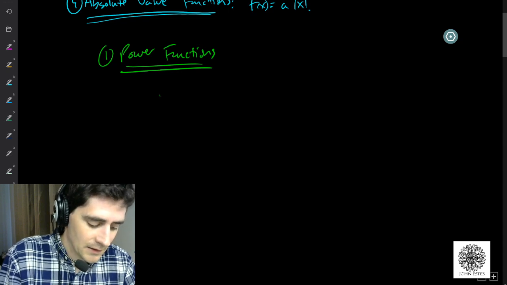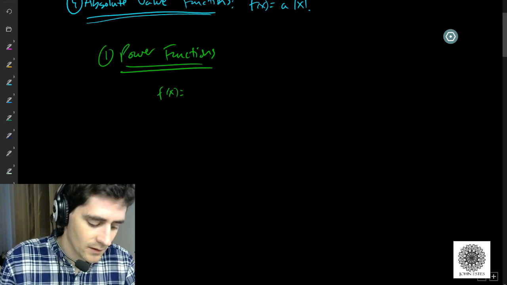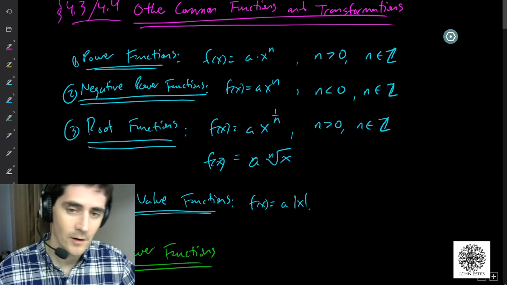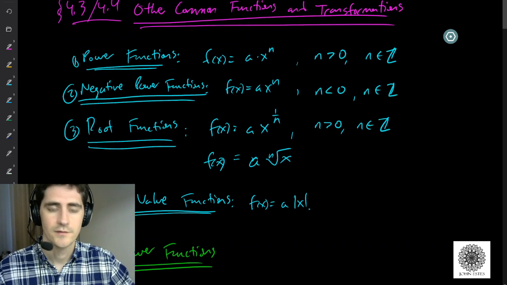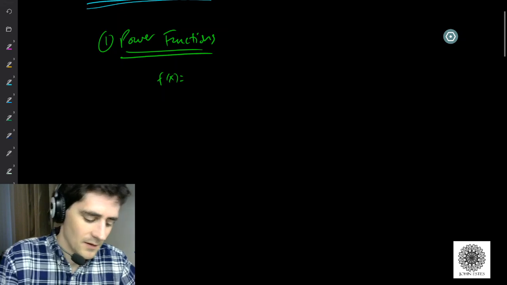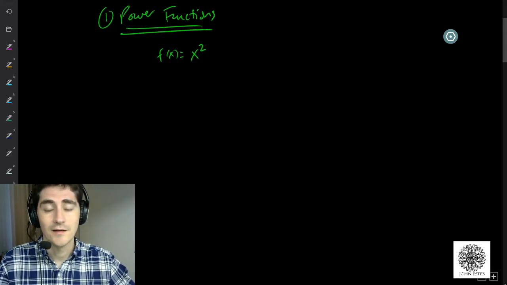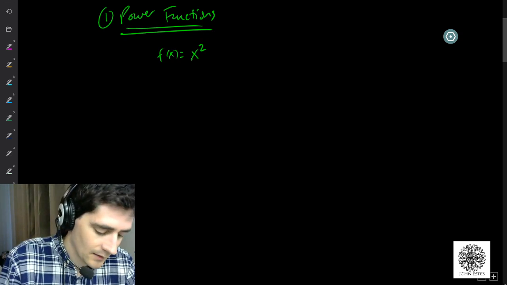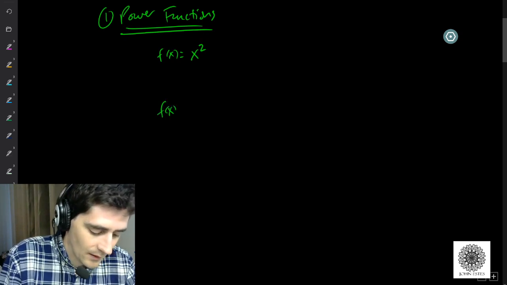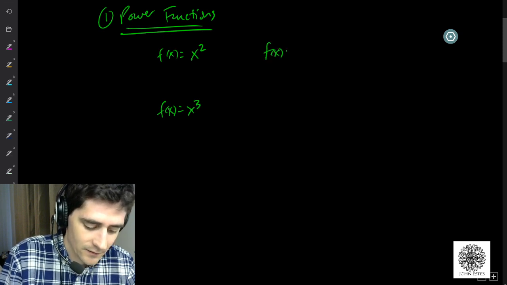Remember, these are x to the n power, n being a positive integer. So what could that be? Maybe like x squared. We've seen that one. That's a quadratic. We know what that looks like. Let's do x cubed. All right. Let's say, how about x to the 4th power?